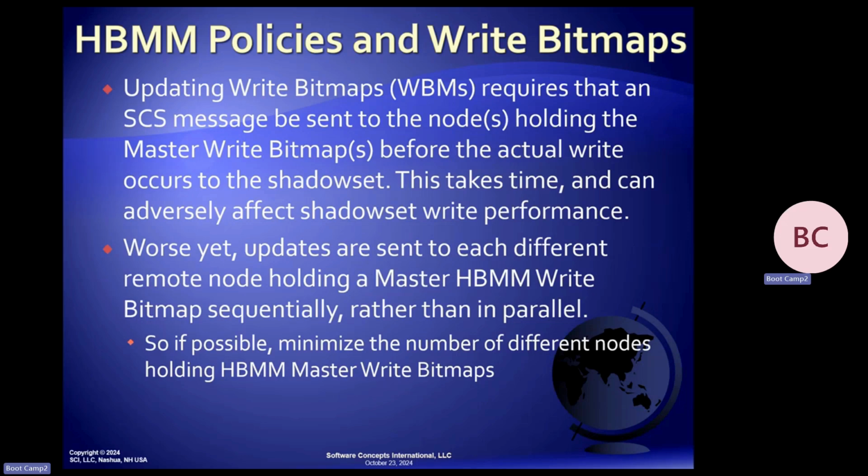Let's say you have a 6-node cluster. There are 6 write bitmaps by default. If you haven't even looked at this, you could be sending updates to 5 other nodes before you can actually do the write to the shadow set. If you have a multi-site cluster where there's some latency between the sites, that could be even worse. So you might want to look at your host-based mini merge policies because of that.